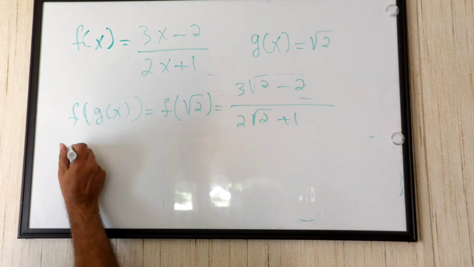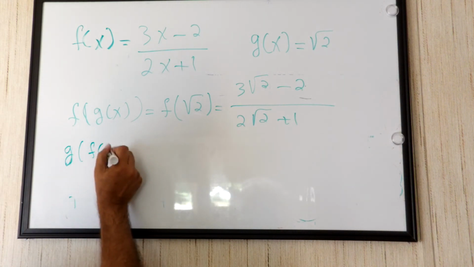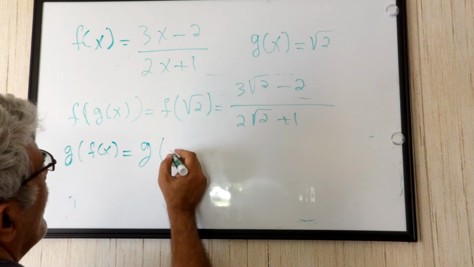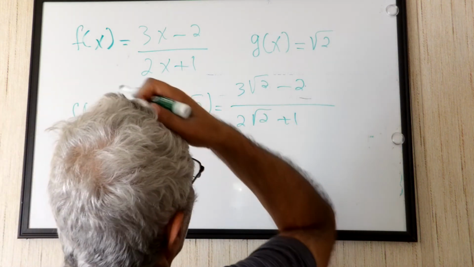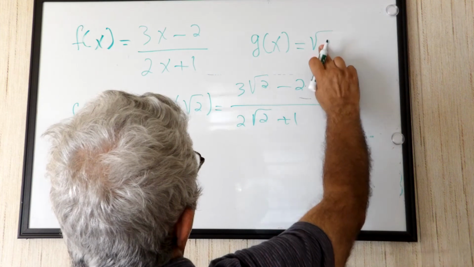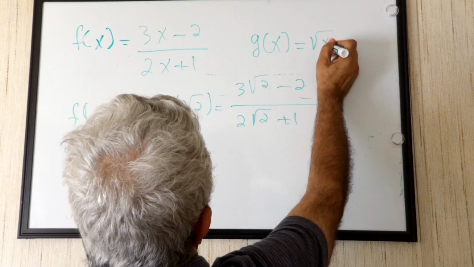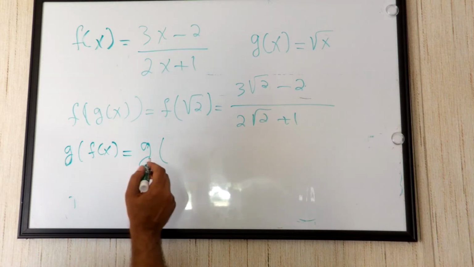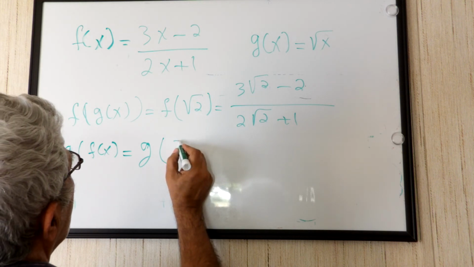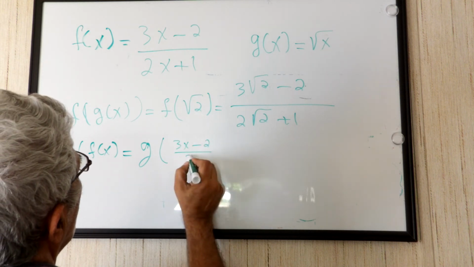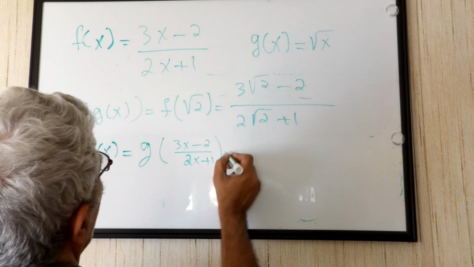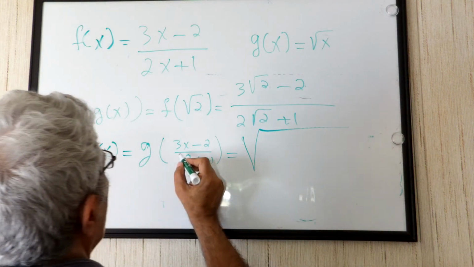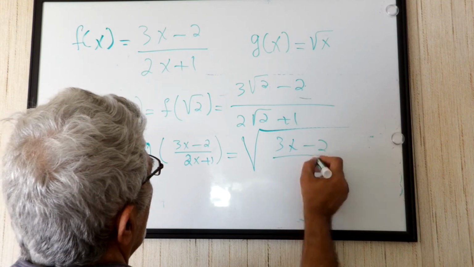But if you want to find g of f of x, it means you have g here, but the x is going to be, for example, now you have g of 3x minus 2, 2x plus 1. What's going to be? In this equation, you just put the value of this, 3x minus 2, 2x plus 1.